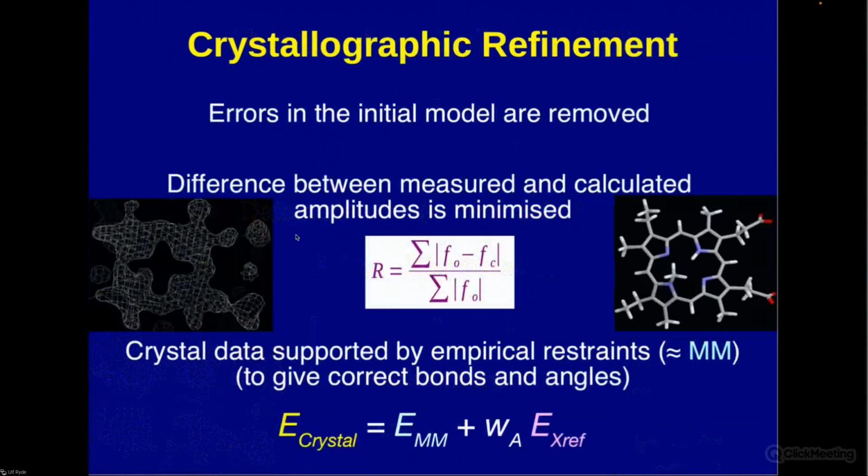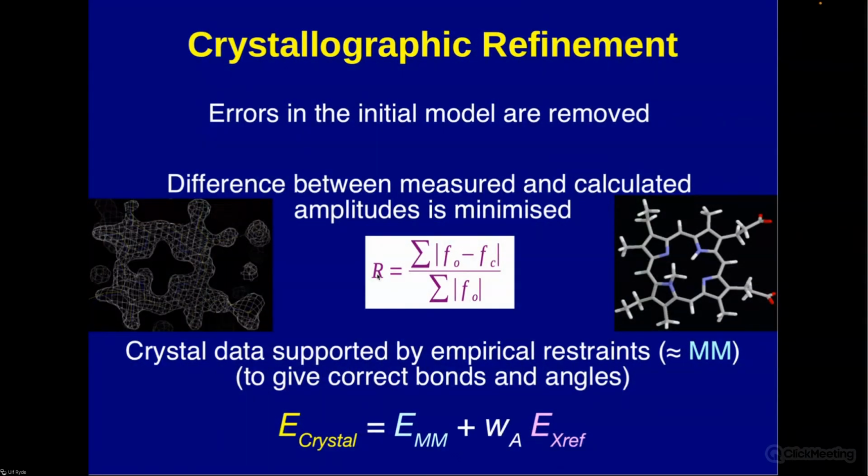In the step of crystallographic refinement, you try to minimize the error between your experimental data and your current model. And you do that by minimizing something similar to the difference between the observed structure factors and structure factors calculated from your current model. And this is essentially the crystallographic R factor.